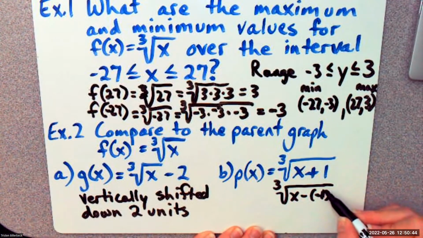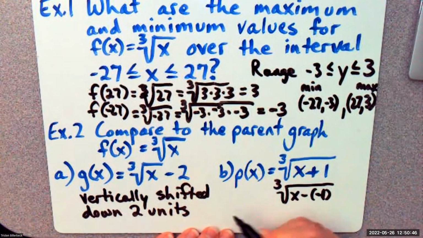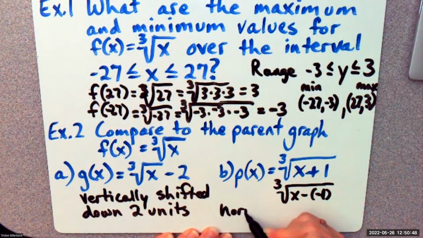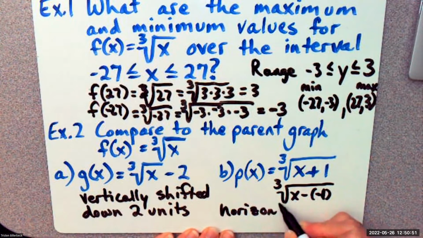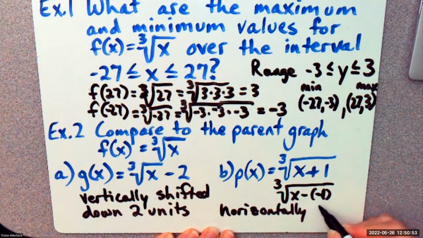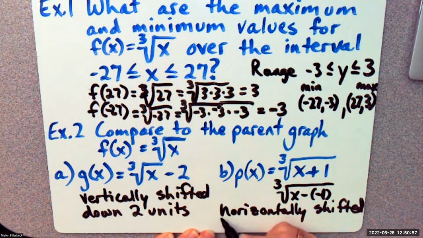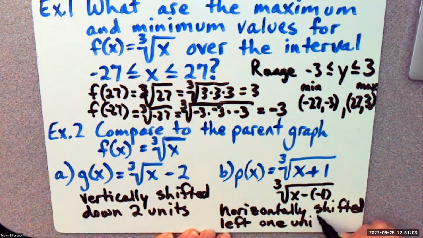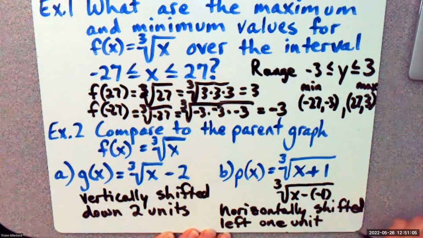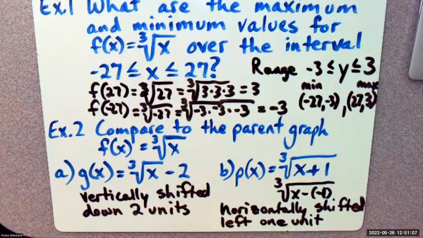So that's a negative h. So this is horizontally shifted left 1 unit. Okay, so remember the h is tricky. If it's a plus sign, that means it's a minus a negative number.